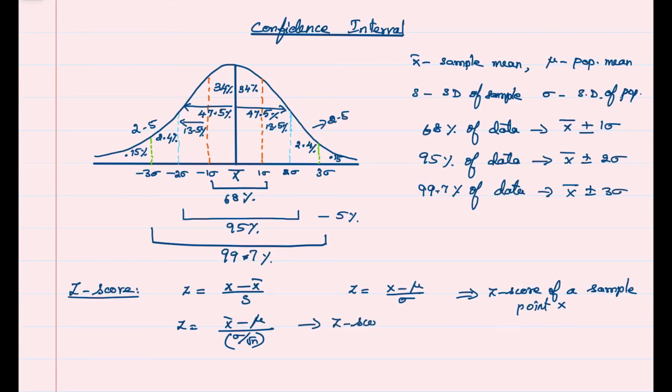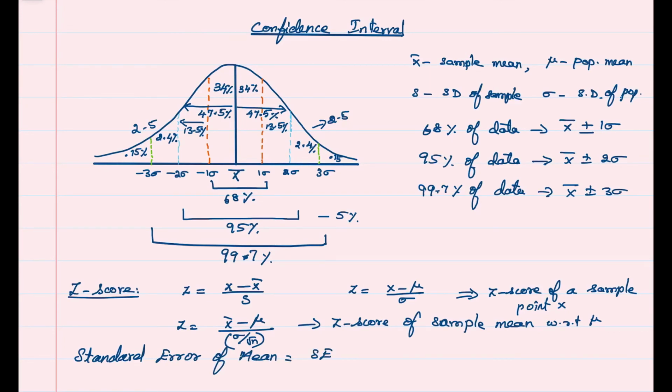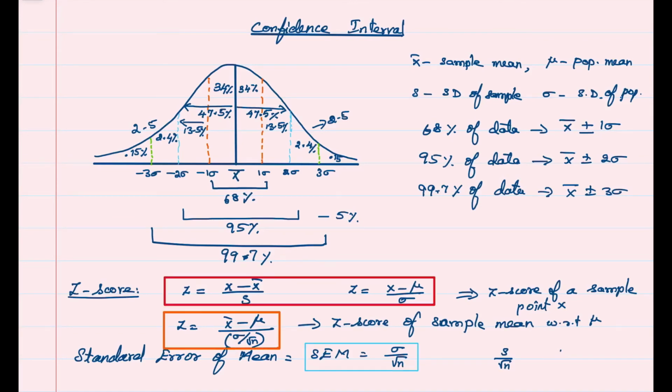This z-score tells us how many standard errors are there between the sample mean x bar and the population mean mu, where sigma by root n is called the standard error of mean, which is SEM. The formula is sigma by root n, or it can be taken as S by root n. If sample size is very large, the standard error of mean will be minimized.